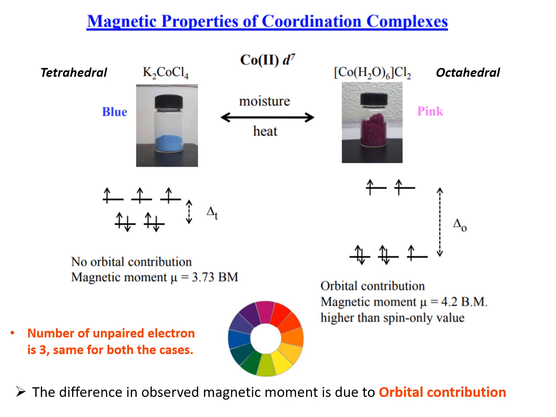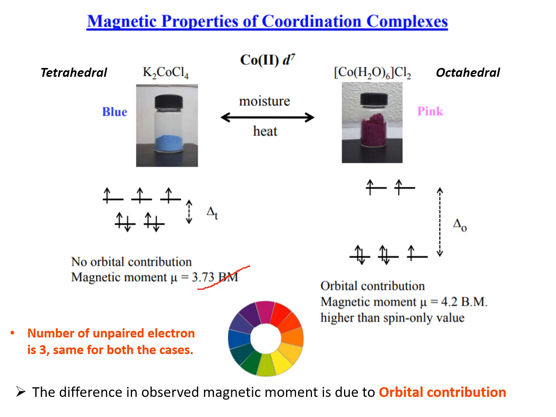Some examples are given here, showing the magnetic properties of coordination complexes. K2CoCl4, CoHg(SCN)4. Now we can say there is no spin orbital contribution, so in the first case the magnetic moment is 3.73 Bohr magneton.